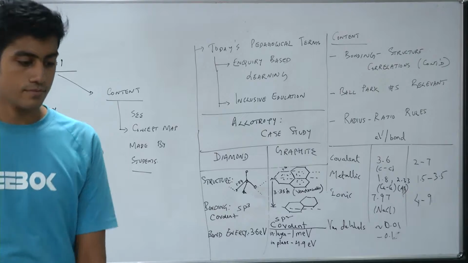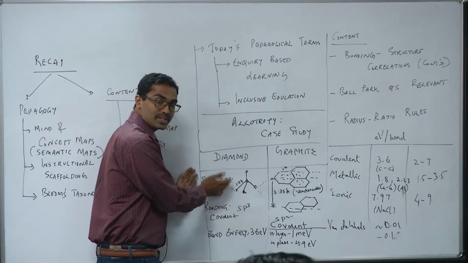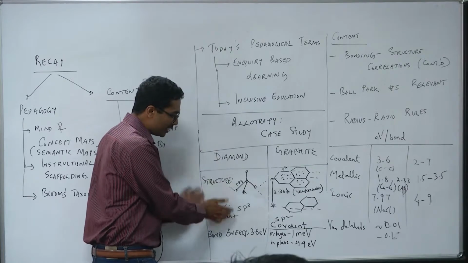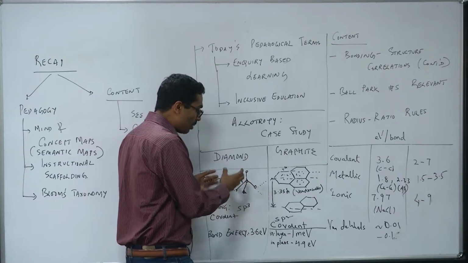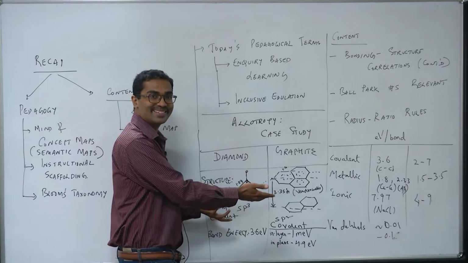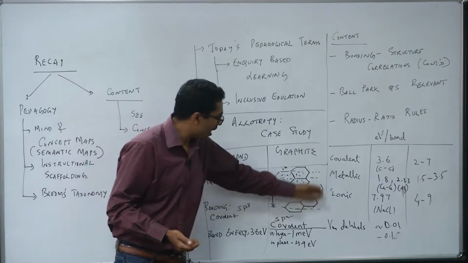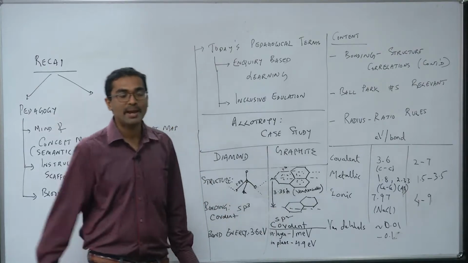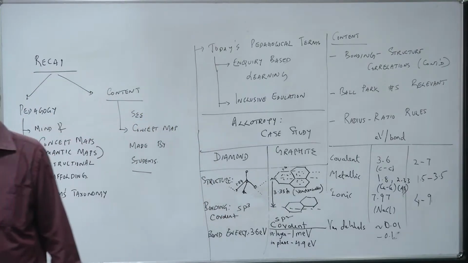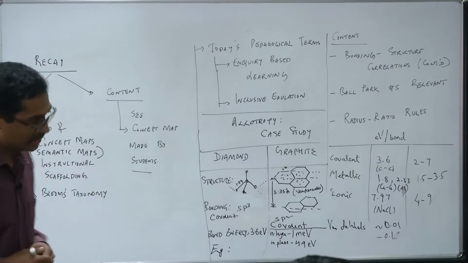So can you appreciate the fact that structure and bonding are correlated as a consequence? Here is another case where structure and bonding are correlated. The atoms are the same, but they are clearly bonded to one another very differently, and hence the properties are very different. So graphite has a band gap of 0 electron volts. Can you take a look at the band gap of diamond, please? 5.4, that's correct.